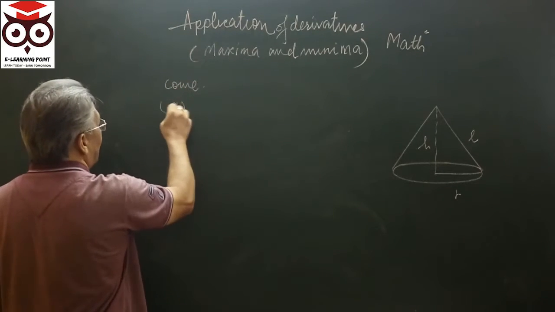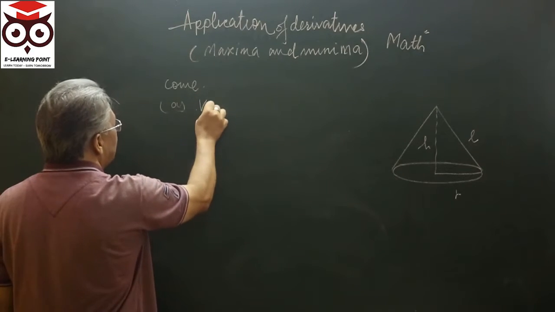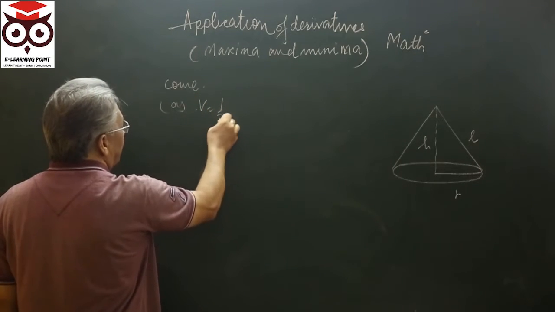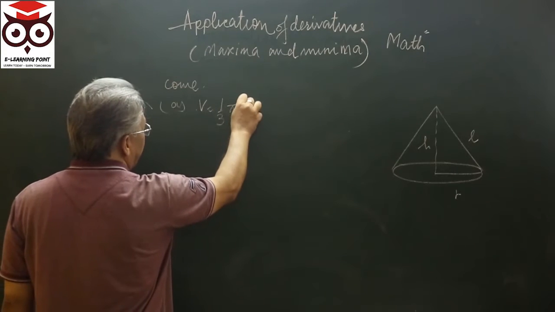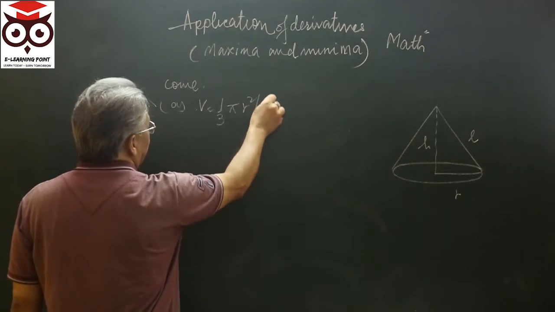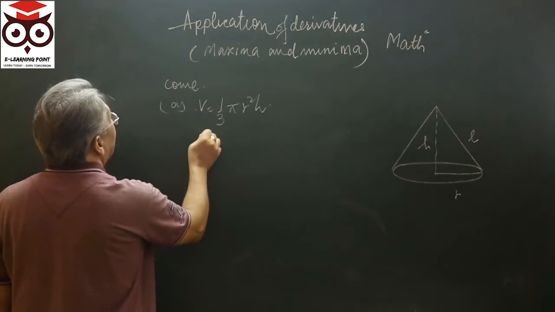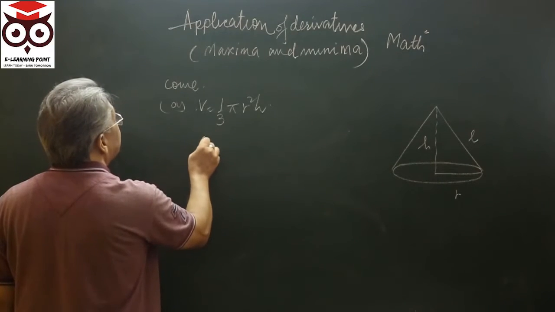This is the first formula, volume is equal to 1/3 pi r square h. Right?